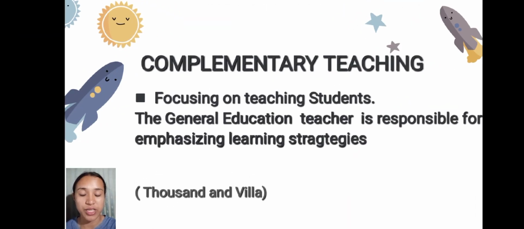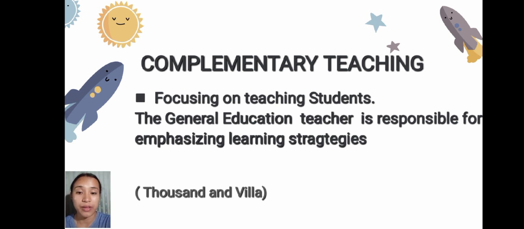Now let us proceed to the second one, the complementary teaching. This complementary teaching is the same as parallel teaching, a collaborative way of teaching also, but they are different. In complementary teaching, they are portraying different roles. They are also accommodating the whole class without splitting the students by ratio, or categorizing or classifying the class.